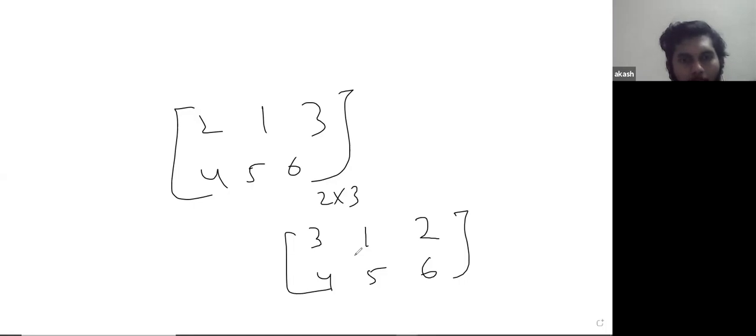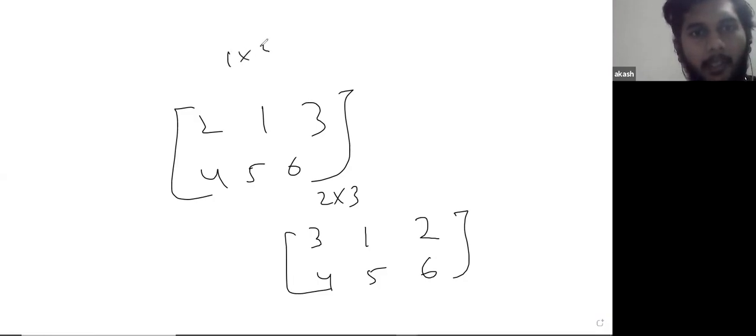No, no. You are wrong there, Imran. If we multiply two matrices of order 1 cross 3 and 3 cross 1, then it will not become 3 cross 3. See, here we cannot multiply these two.